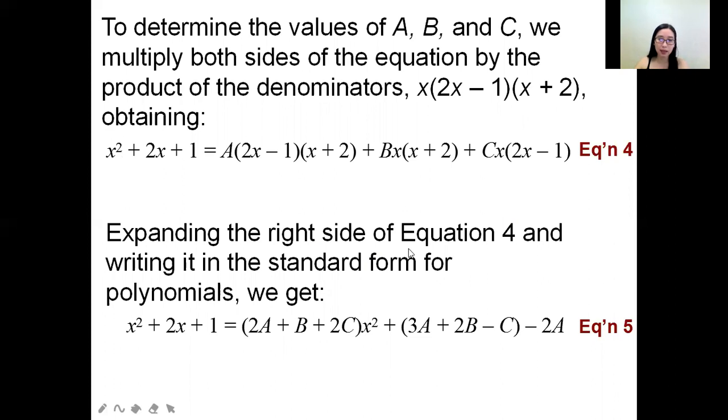So expanding the right side of equation 4 and writing it in the standard form for polynomials, we get 2A plus quantity of 2A plus B plus 2C times x squared plus quantity of 3A plus 2B minus C minus 2A. So we have equation 5.